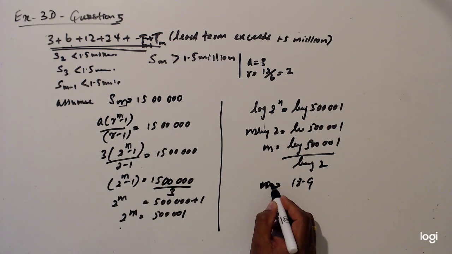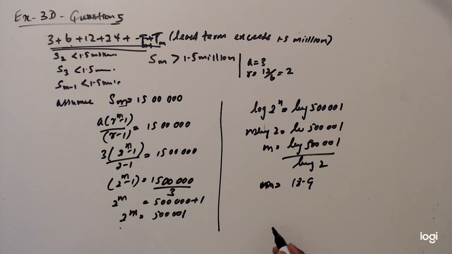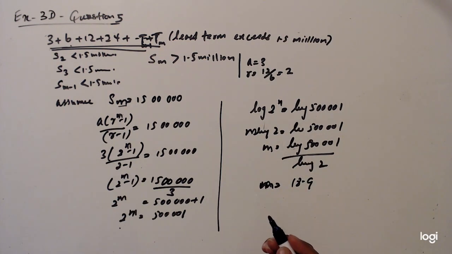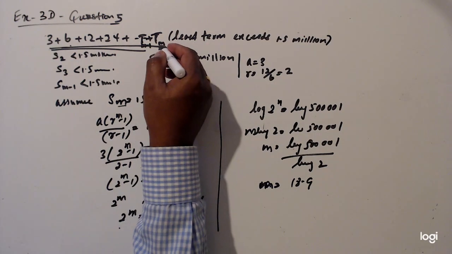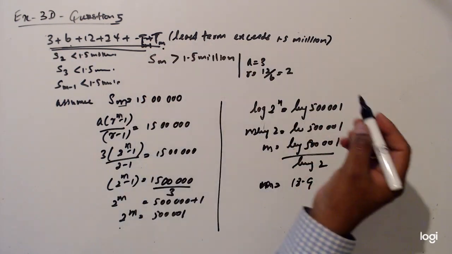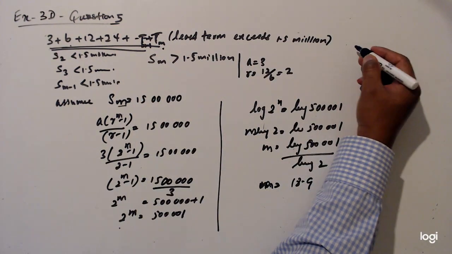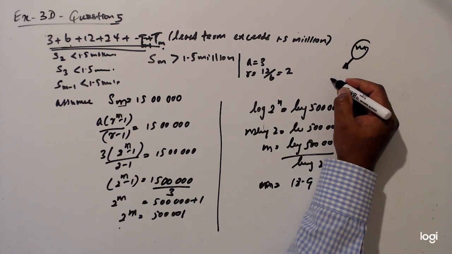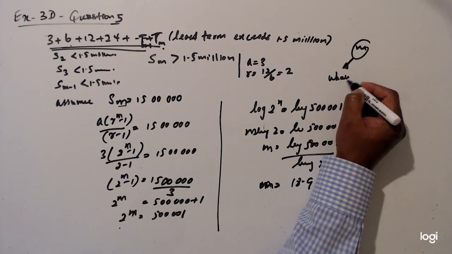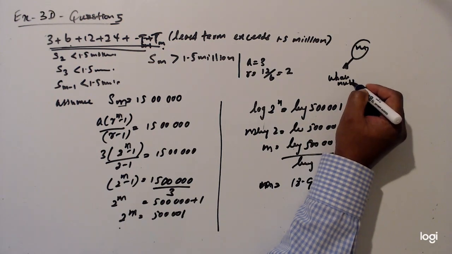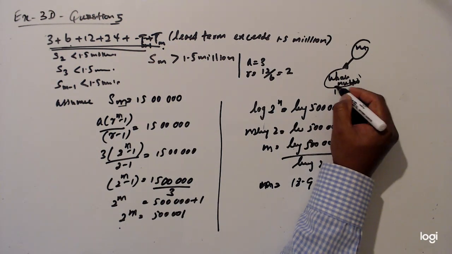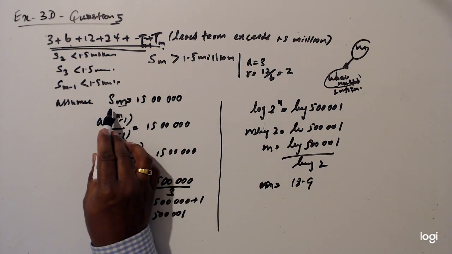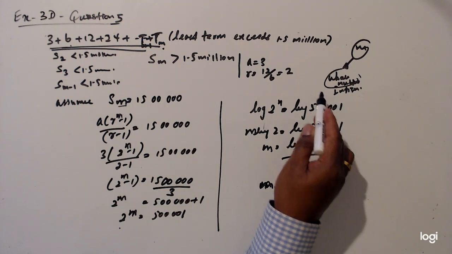Right. So m you will get 18.9. Then when you get this tm, this m value is a whole number, or let's say integer, then it is equal to this one.